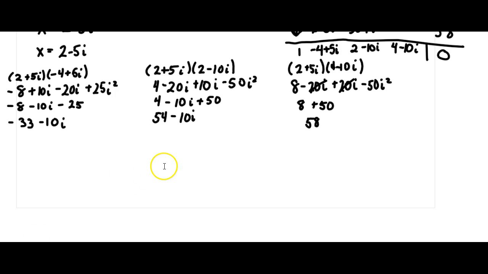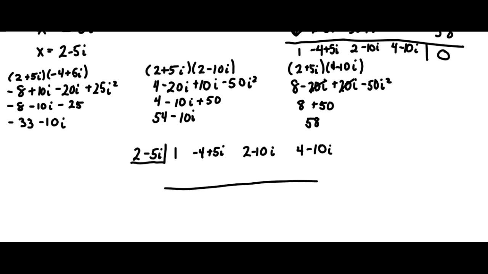So now what I'm going to do is take my other zero that I had mentioned earlier, x equals 2 minus 5i, and we're going to take this depressed polynomial that we just came up with, and we're going to look at 2 minus 5i, and then we're going to have 1, negative 4 plus 5i, 2 minus 10i, and 4 minus 10i.